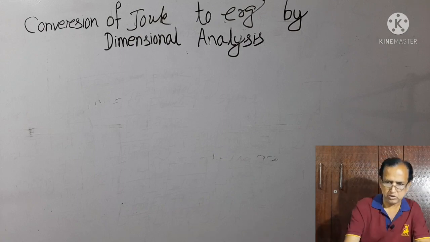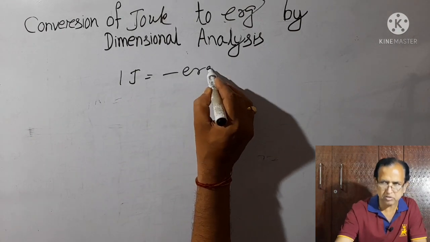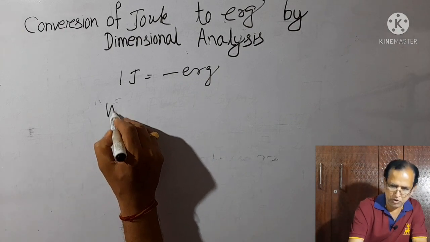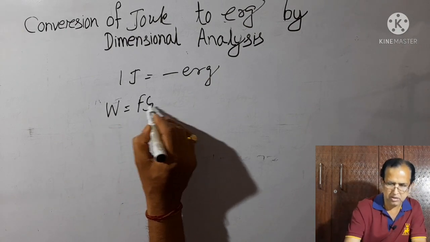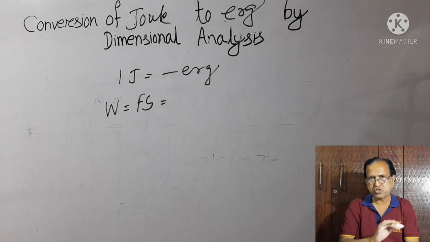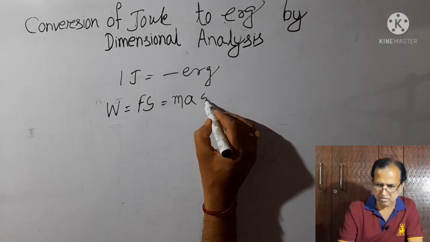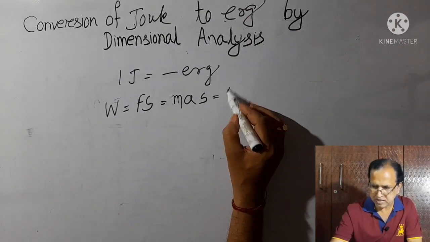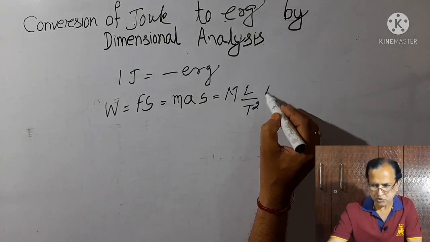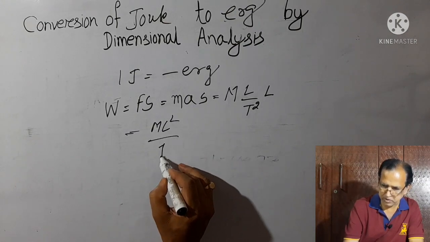We can find out 1 Joule is equal to how many erg. Work W is equal to Fs, force into displacement. Force F is equal to ma, a is L by T square, s is L. So M L square by T square.